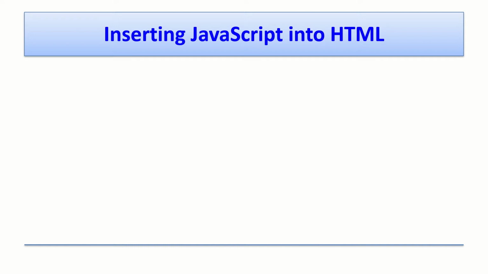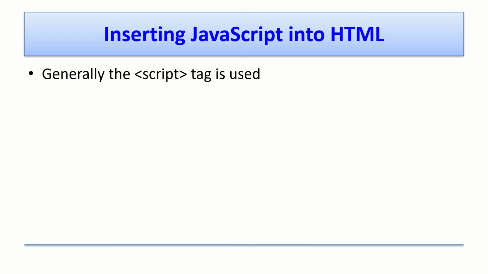We call the other one inside CSS, where we use CSS tags in the header section, or we can create a CSS file in a different location and link it with our HTML web page. So that's for CSS. Now, in JavaScript, let's see how we can insert JavaScript into our HTML page.